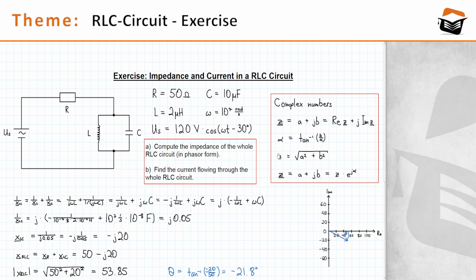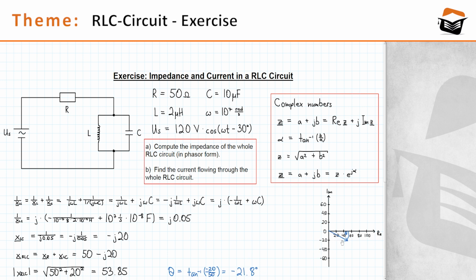What does the phase shift angle mean? If the value is negative, as in our example, minus 21.8 degrees, it tells us that the current leads the voltage by the respective angle. If you were to draw a sine or a cosine curve representing the voltage and the current of the whole circuit, you would see the current function being shifted ahead by 21.8 degrees.